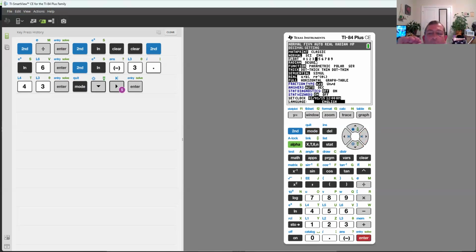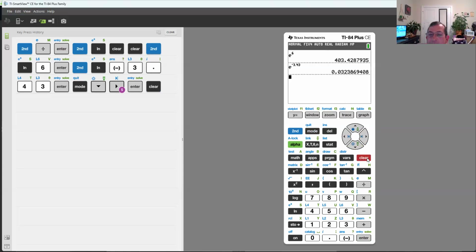Now by putting that black mark on the 4, my calculator is going to round me off to 4 decimal places. Clear that now, and now you see my answer. I'm going to hit enter and look what it did. It rounded that big old number off to 4 decimal places, which is 0.0324.